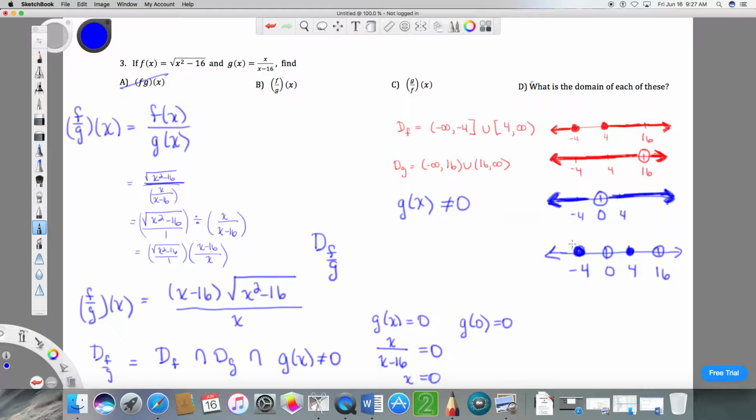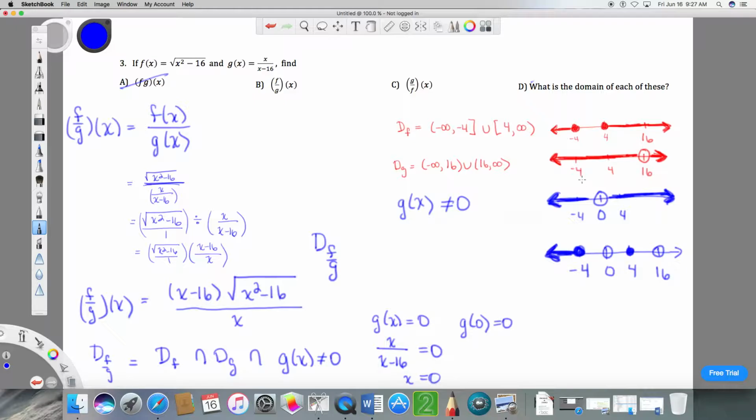Now is to the left of -4 shaded in all three? Are they in this set, and this set, and this set? That's what intersection means, that word and. If you're to the left of -4, it's shaded in all three sets.